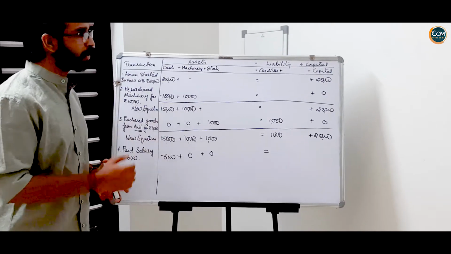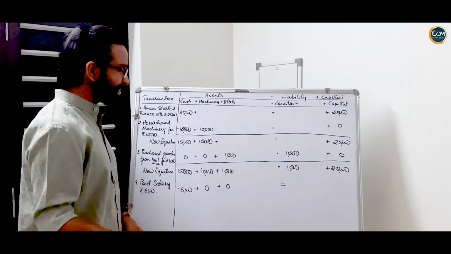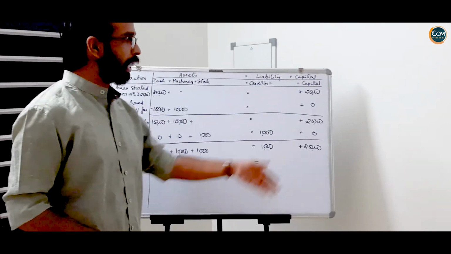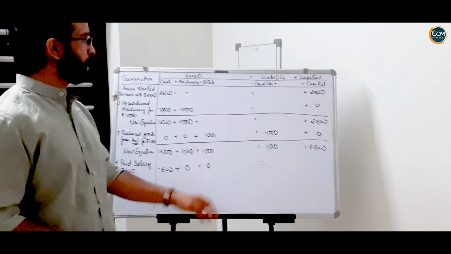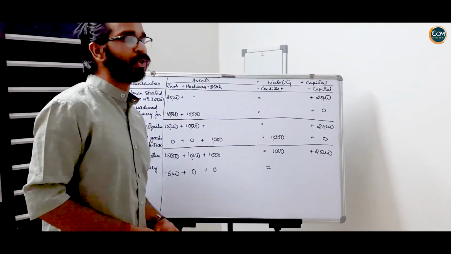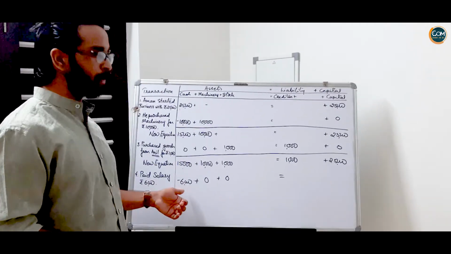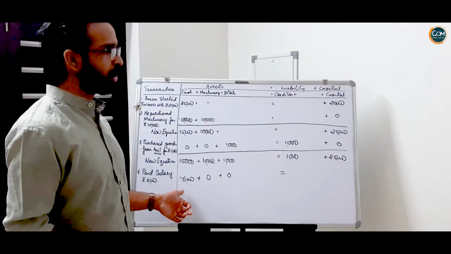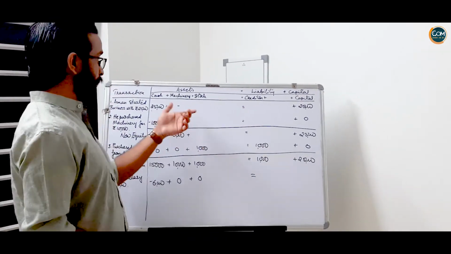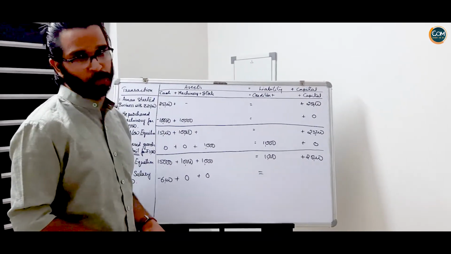On the liability plus capital side, or the right hand side, we can see that there are two items only, which are creditor and capital. Liability, as we said, is something that you owe to outsiders. But here, since you are paying ₹6,000, you can't show it as a liability. You cannot show it as a new asset as well, because it is an expense from your part.